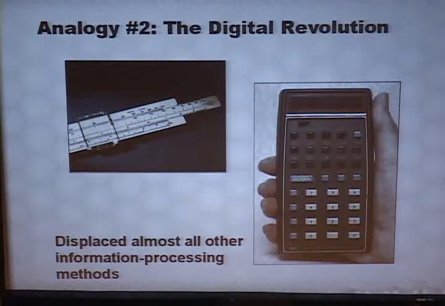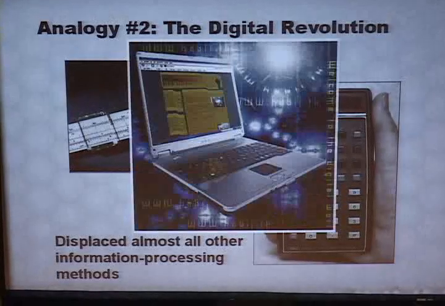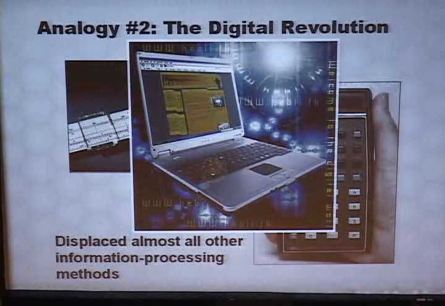Then came the digital revolution, things like what is shown here, the first pocket calculator. And of course, the computer, which has replaced almost all of the previous means of information processing and has brought the profound revolutions that we've seen from the internet and so forth.